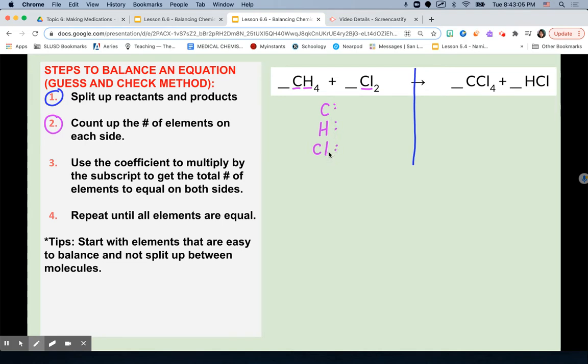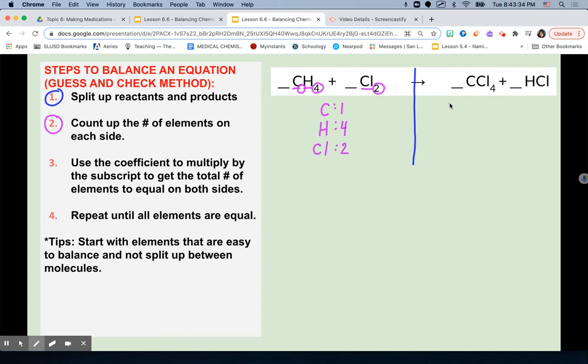I'm going to use the subscripts, or the number to the bottom right, to count out how many elements I have on the reactant side. So for C, I have just 1 because there's no number written on the subscript. For H, I have 4 because its subscript is 4. For Cl, I have 2.